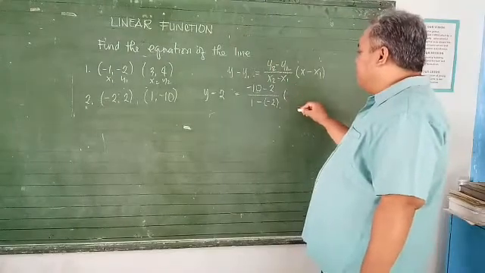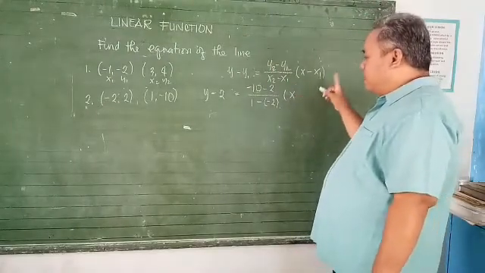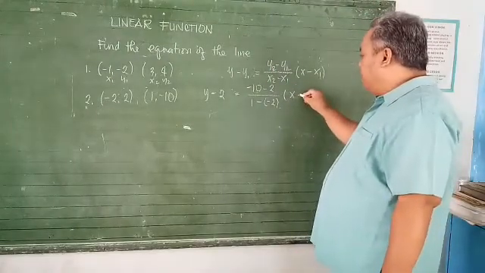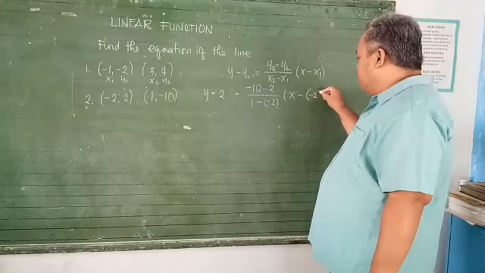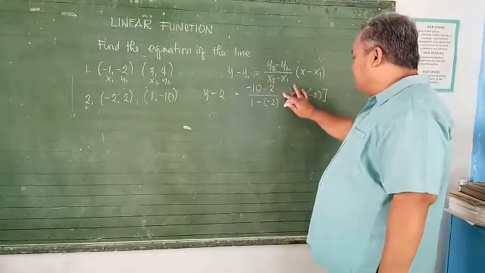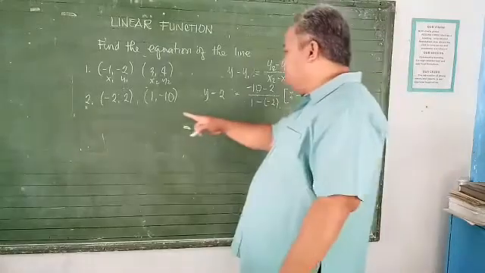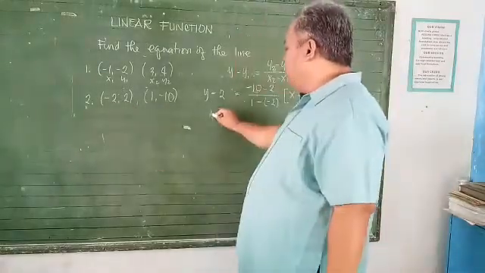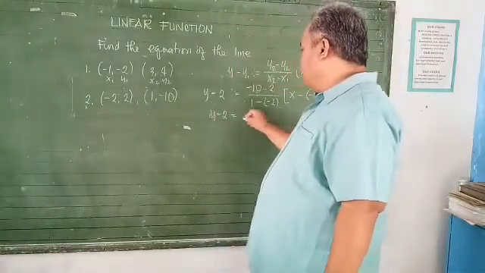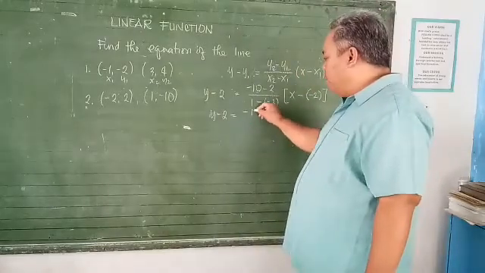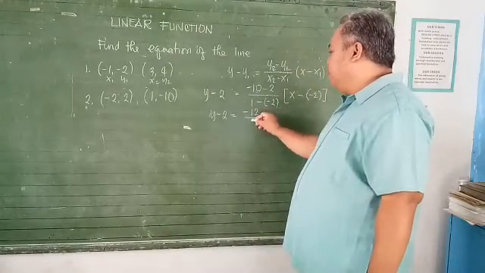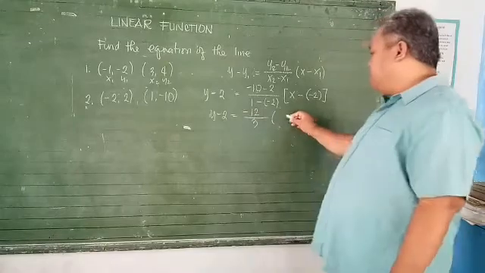And then, this is x. Your x sub 1 should be minus negative 2. Yes, that's it, minus negative 2. This is x sub 1. So y minus 2 is equal to negative 12 over 3, and this is x.